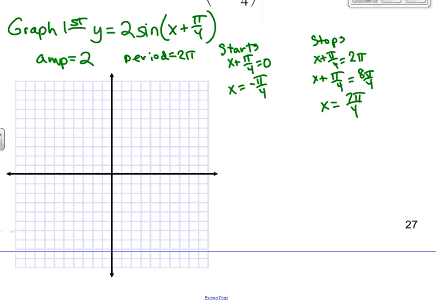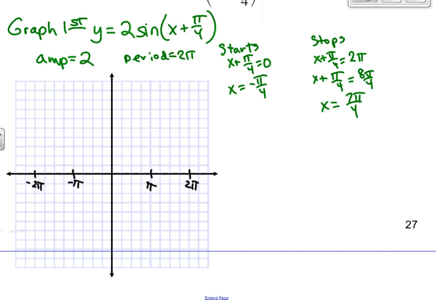So now I'm going to graph this one, and I'm going to put some scale on here. I went with 4 boxes to equal pi. So I'm graphing this 2 sine of x plus pi over 4.